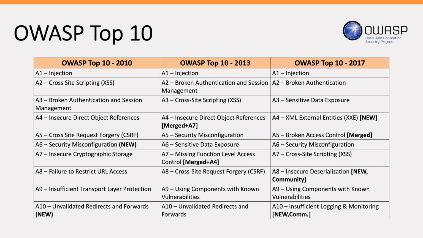Now for SQL injection vulnerabilities, they fall under the first most critical risk to web applications. So they fall under the injection category. However, it's worth mentioning that this covers all of injection vulnerabilities, not just SQL injection vulnerabilities.